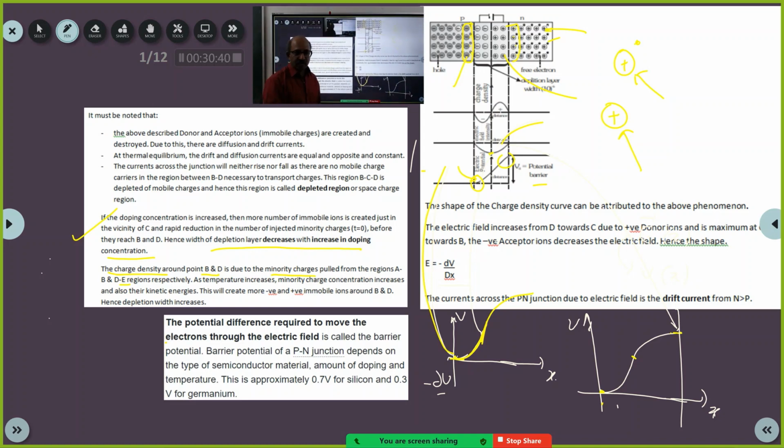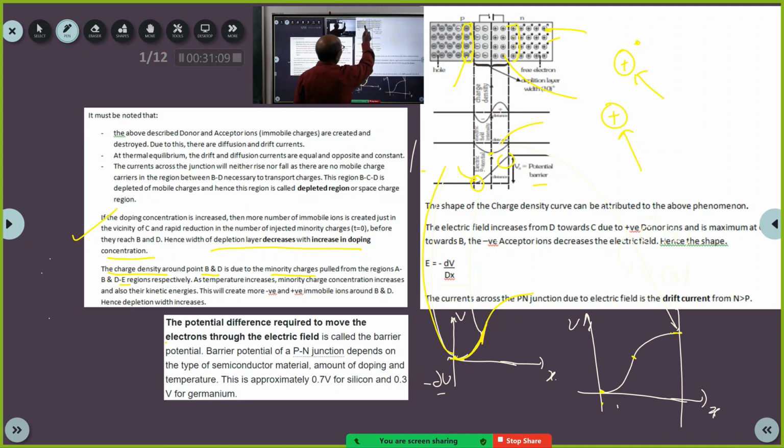They need electrons, that is recombination, a hole recombining with an electron. The rate of recombination will increase with the increase in concentration of the constituents, that is the concentration of free electrons and the concentration of holes.